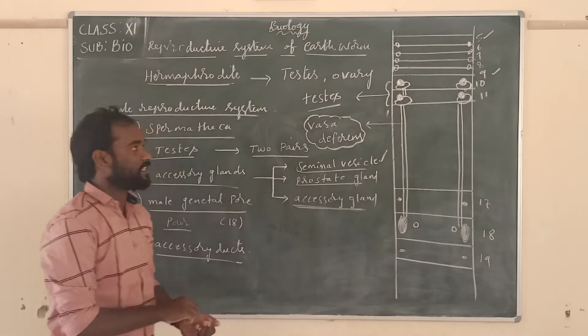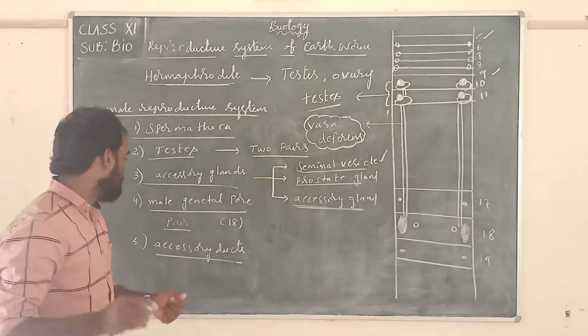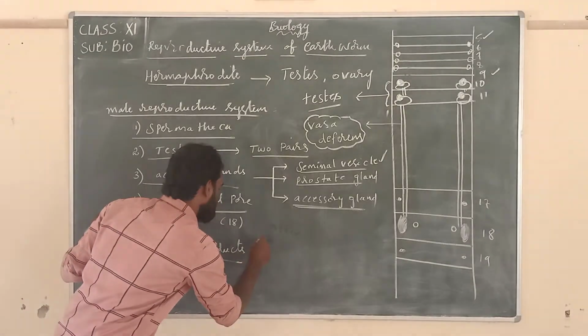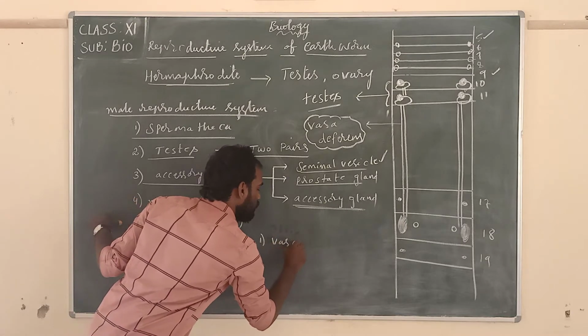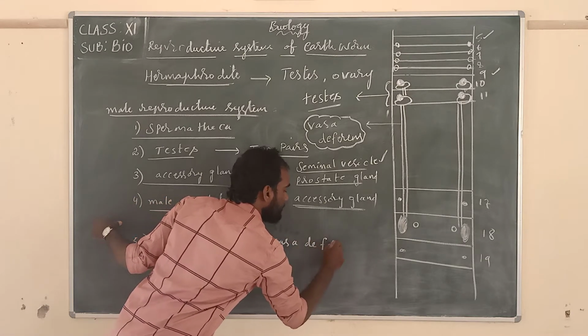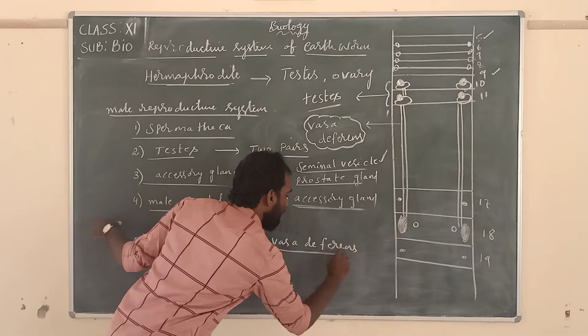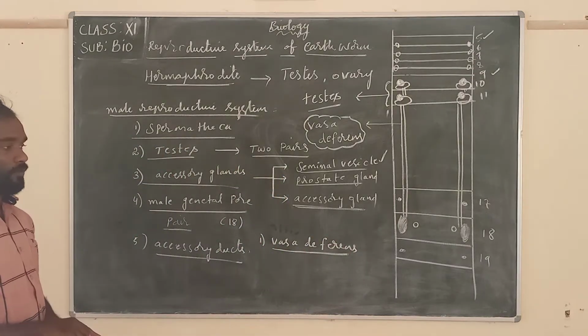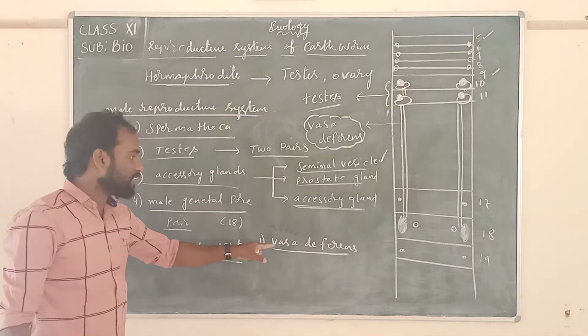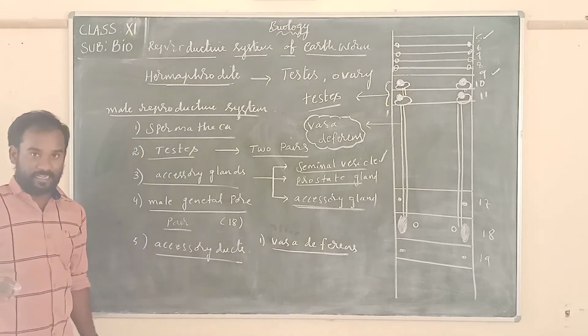This long tube-like structure is nothing but vasa deferens. So this is one accessory duct, that is vasa deferens. Vasa deferens is one accessory duct.